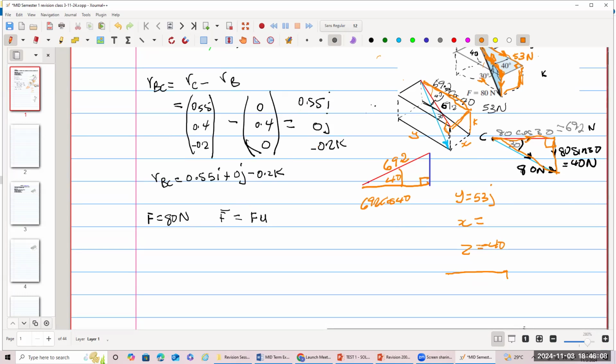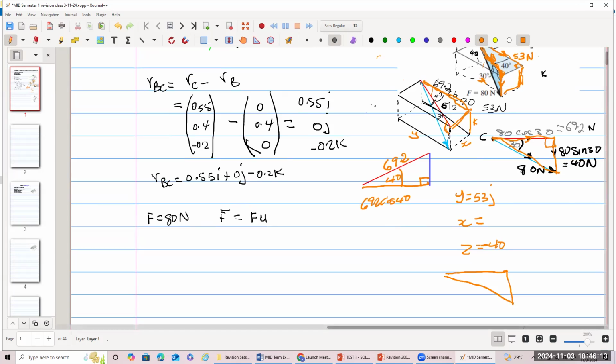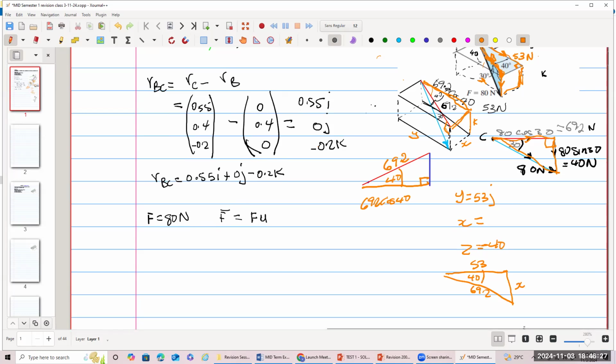So this was 53, and this was 69.2. We need to find this distance here, that is our x distance. And what was the angle between it? Wasn't it 40? Check that.